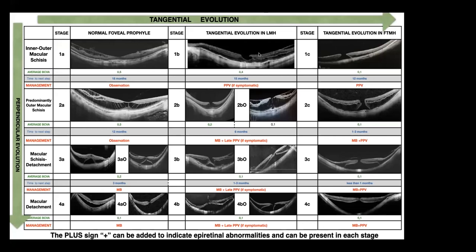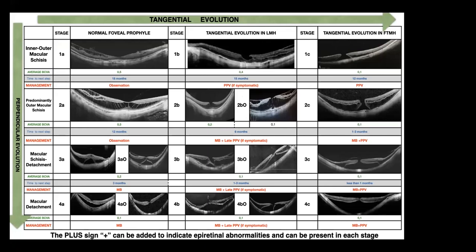So my advice is to do nothing and to do vitrectomy with the flap only if the patient is really getting worse and symptomatic. But in stage 2B, 3B, and 4B, again, please place only a macular buckle.